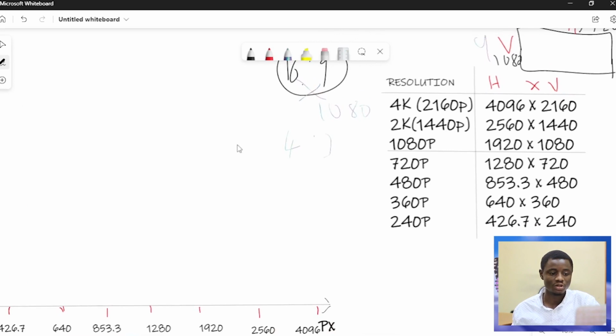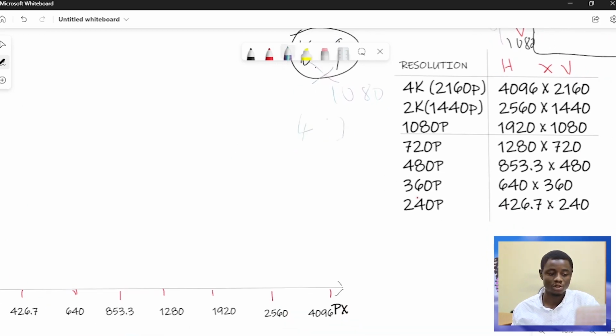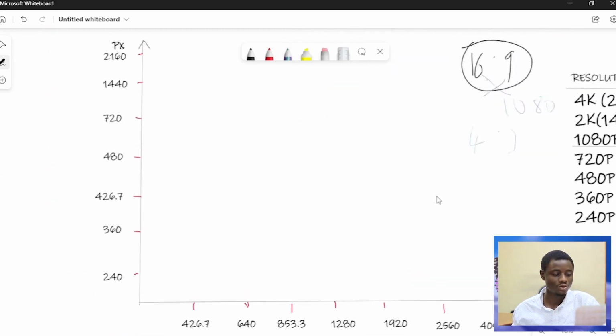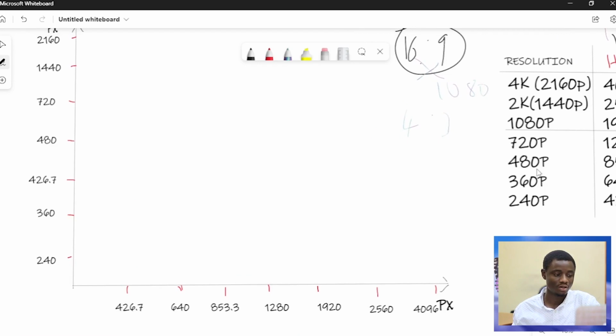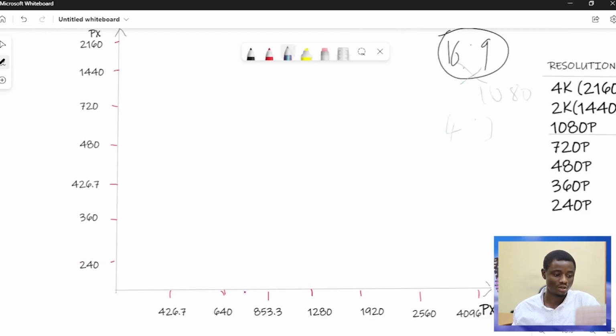So we're starting from 240. So the 240p, we say is 426.7 by 240. So 427, which is our horizontal, and 240, which is our vertical. So this is our horizontal. So this is how it's going to be.